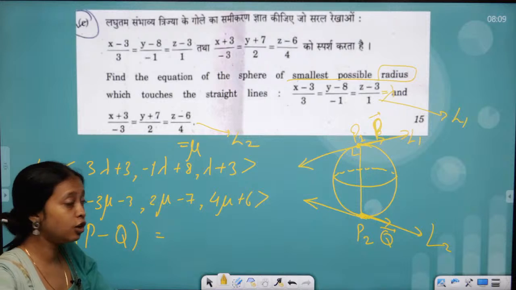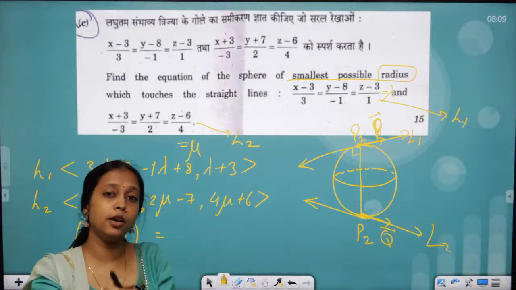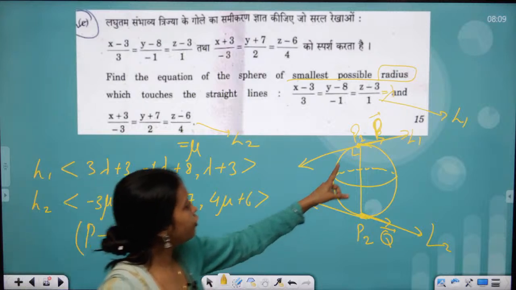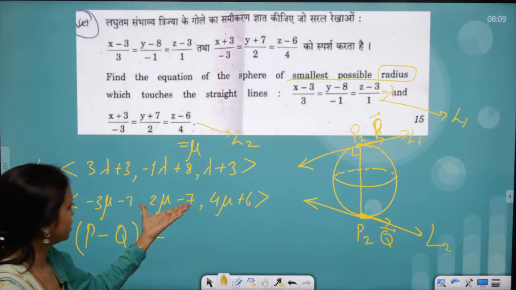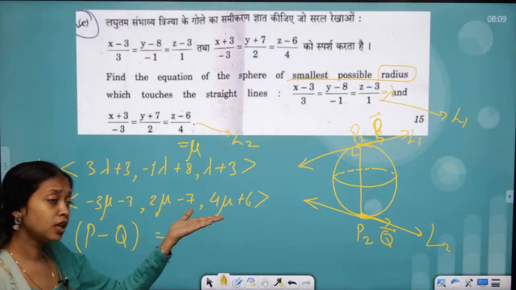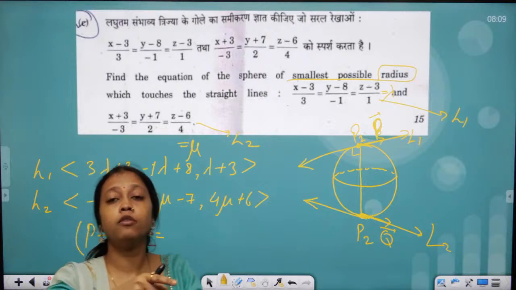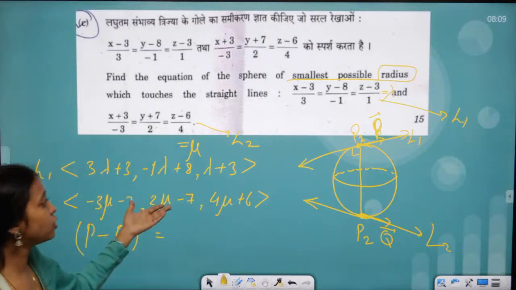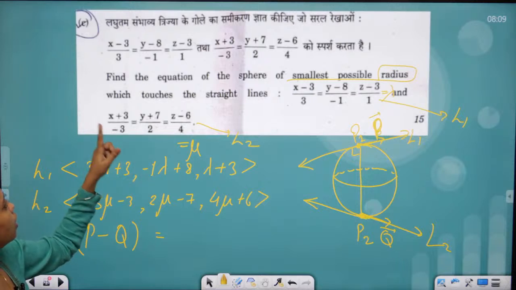If the answer is 0, over here you will get an equation in terms of lambda and mu. Same, if you take the dot product with this line, with the q vector, again second equation in terms of lambda and mu, you can solve it for lambda and mu, get the values of lambda and mu, and after that what they are asking, equation of sphere.